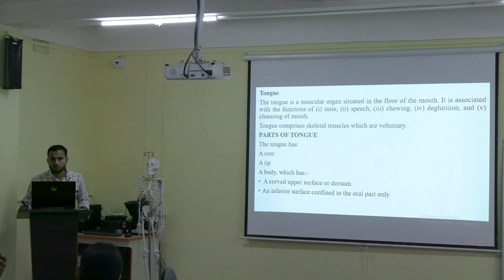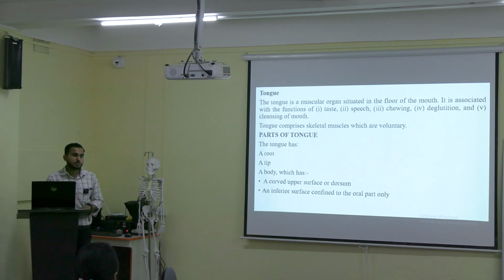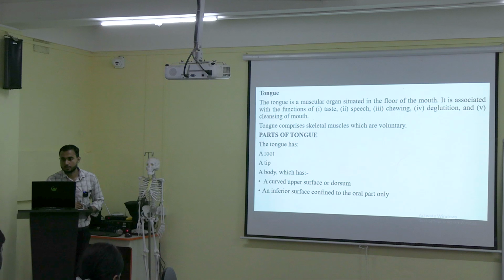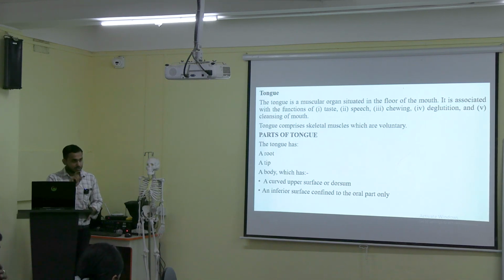Just imagine, whenever you are talking or swallowing, those muscles are functioning. They are also called the intrinsic and extrinsic muscles of the tongue. For those 8 muscles you have to know the origin and insertion, because all these are skeletal muscles, and you also have to know the nerve supply. That's why the tongue is very important.